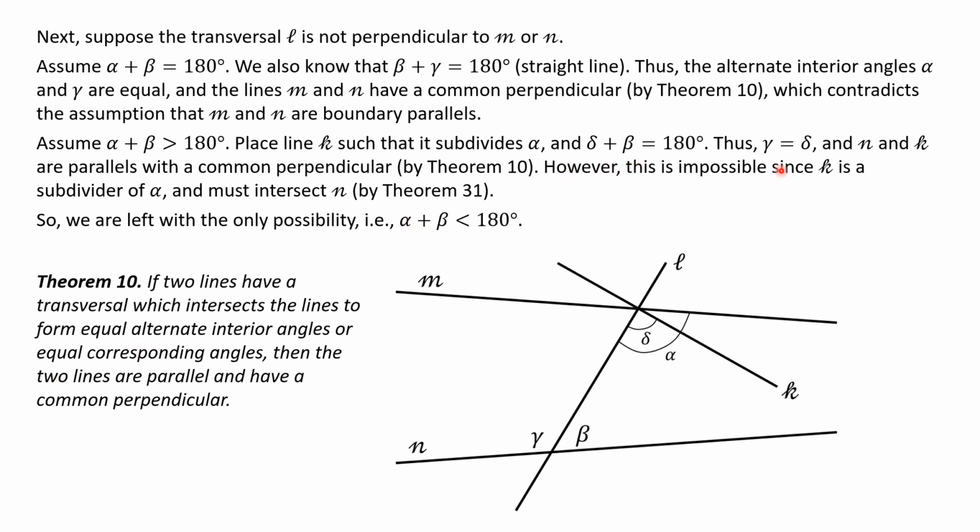However, this is impossible since K is a subdivider of alpha and must intersect N by theorem 31. So that's another contradiction. And so we've excluded everything except for the case where alpha plus beta is less than 180 degrees, which is what we wanted to prove.